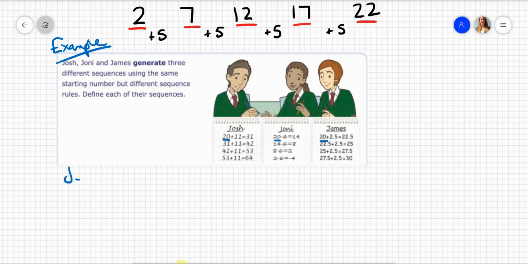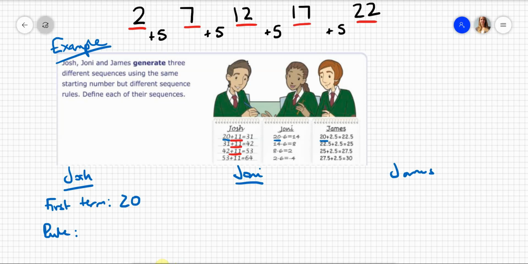So let's write each of them separately. So first term for Josh is 20, and the rule, can you see what the rule is? The rule is add 11. For Joni, same first term, and again the rule.